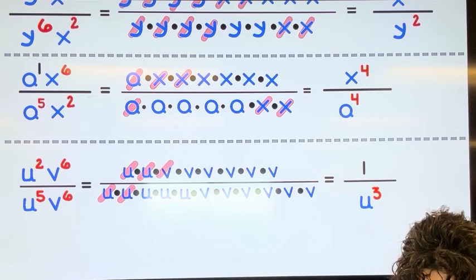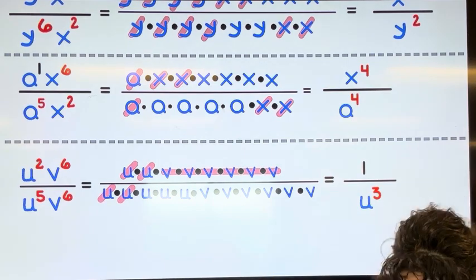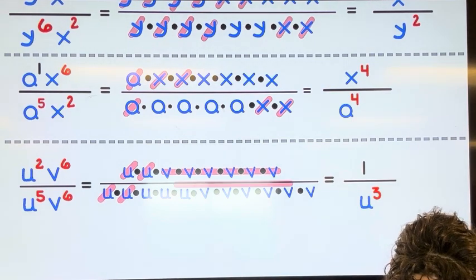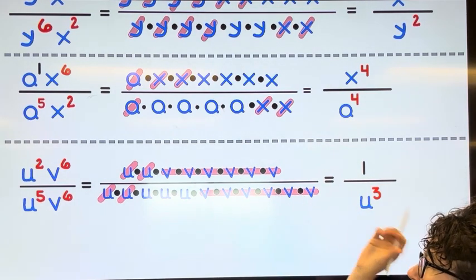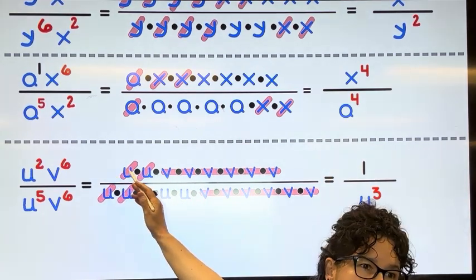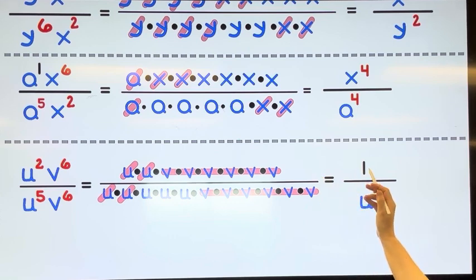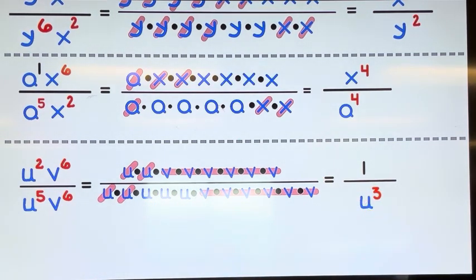And then all of these v's, see how there are 6 of them here? All of those cancel and all of those cancel, so they're completely gone. So if all the v's drop out, there's nothing in the top, but there's always a 1 multiplied by something up here. So this is a 1, and then I have 1, 2, 3, so I have u to the third.